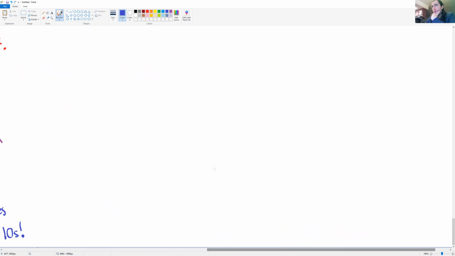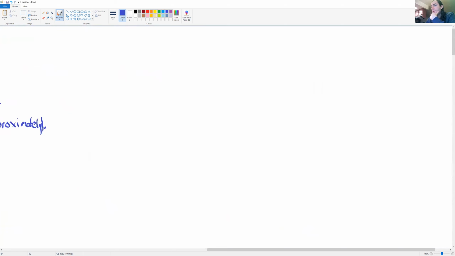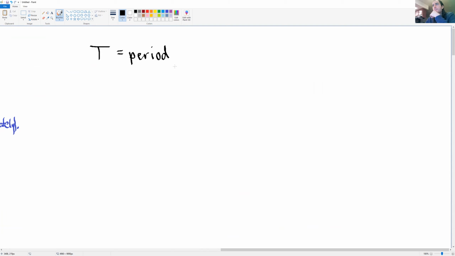Okay, let's move forward. The symbol that we use for period is capital T. So in our last example, capital T would be equal to 10 seconds. Frequency, or f, is simply 1 over the period.